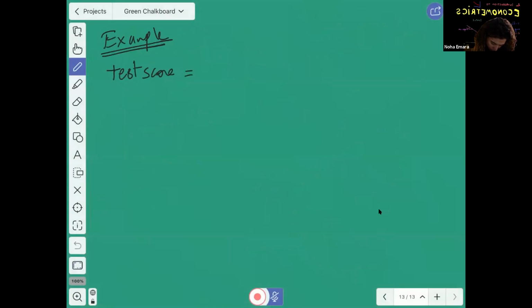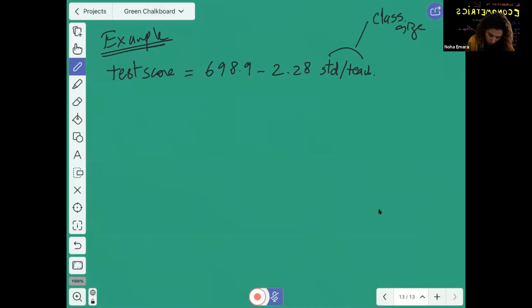How the test score is affected by the class size, and you have an intercept of 698.9 minus 2.28 times the students per teacher in class. And this is a measure of the class size. You're trying to figure out what's the impact of the class size on the test score.